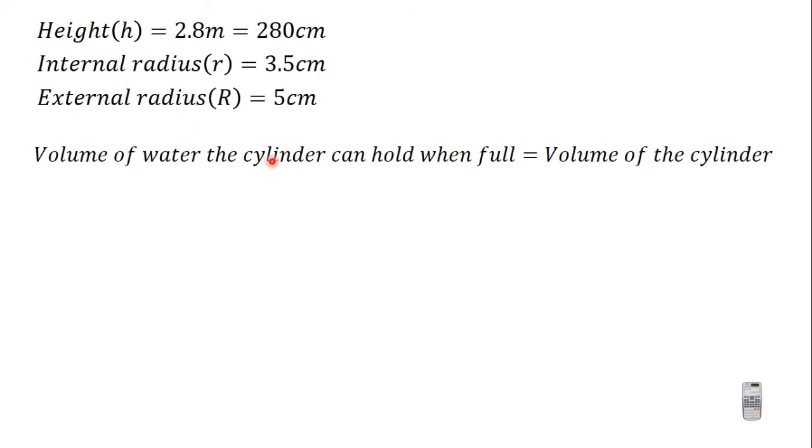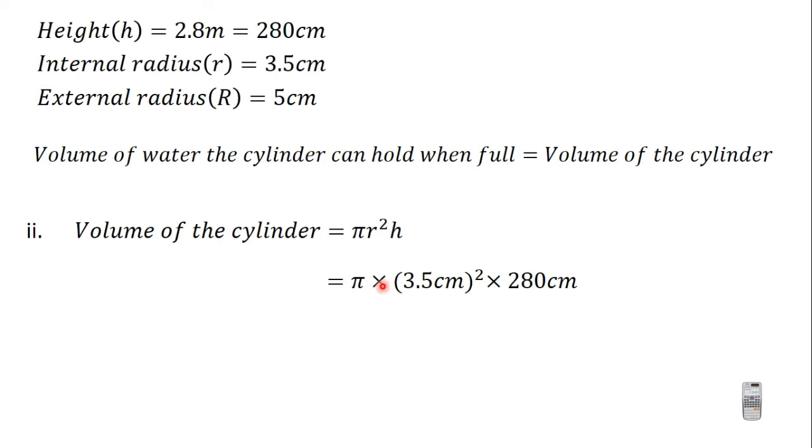To find the volume of this cylinder, we have learned that the formula is pi r squared h, where r here is the internal radius. So this will give us pi times 3.5 centimeters squared times h. We want our answer in centimeters, so we are going to use 280 centimeters.